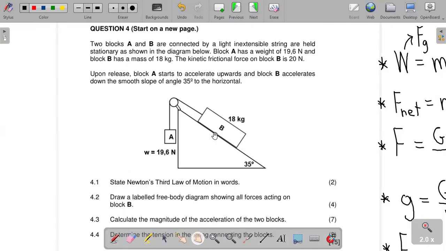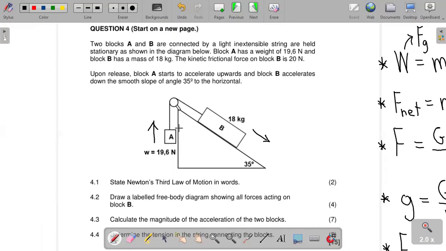So to make things easy, we assume the direction of movement is the positive direction. So A is going up and B is going down, meaning we take the direction upwards as positive for A. For B, we're going to take the direction downwards as positive.